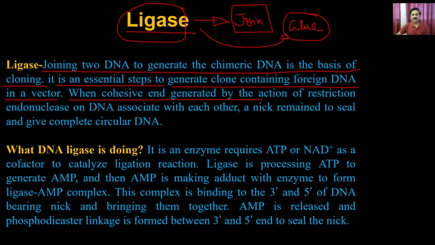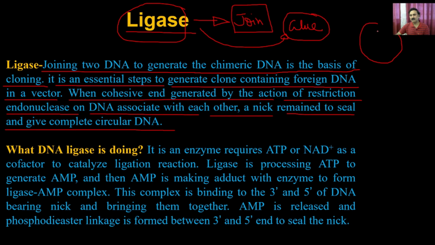When the cohesive ends generated by the action of the restriction endonuclease on the DNA associate with each other, a nick remains to seal and give the complementary DNA sequence. Which means if you have this particular type of vector, it has generated a nick on one side and a nick on the other side.